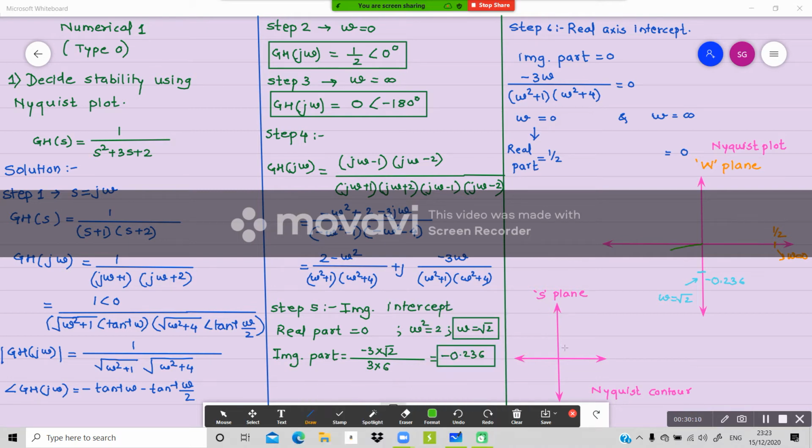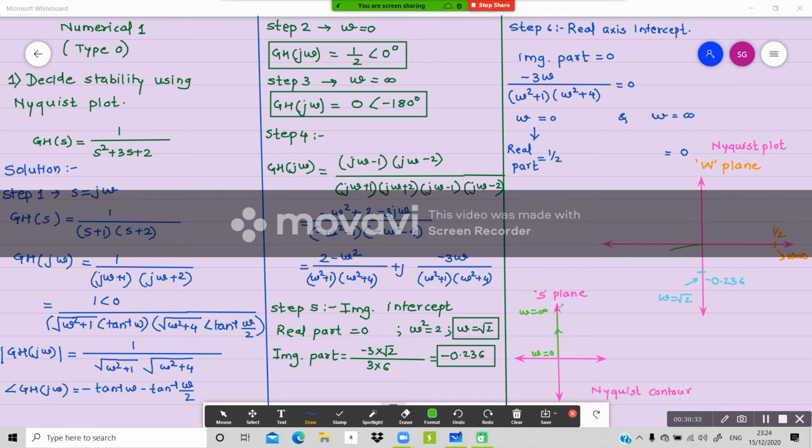We discussed a lot, many a times this thing. So you are starting with omega 0 going till omega equal to infinity. So in this direction you are moving, omega equal to 0 to omega equal to infinity. Correct?